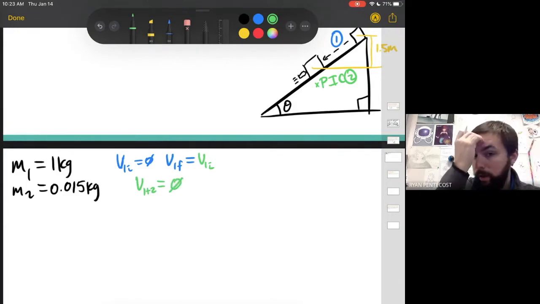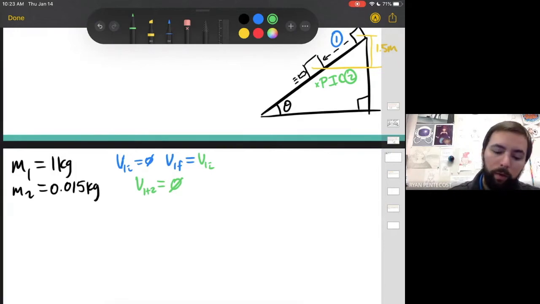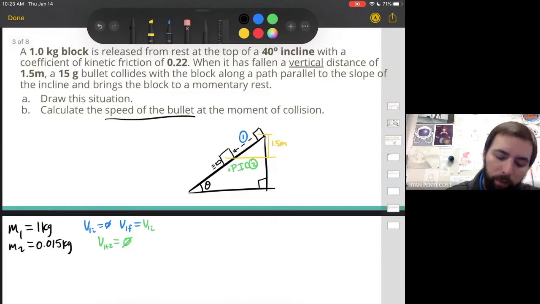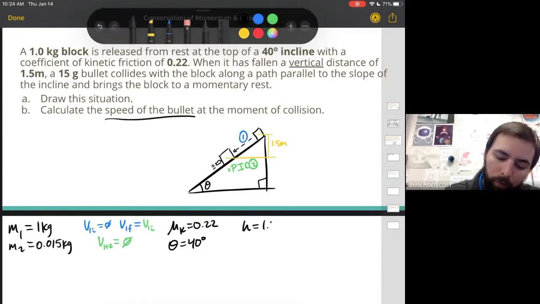They combine together and they come to rest. Let's see, what else do we know? We have the coefficient of kinetic friction of 0.22. We have theta is 40 degrees. Oh, right, and a height of 1.5 meters. Okay. All right, good deal.